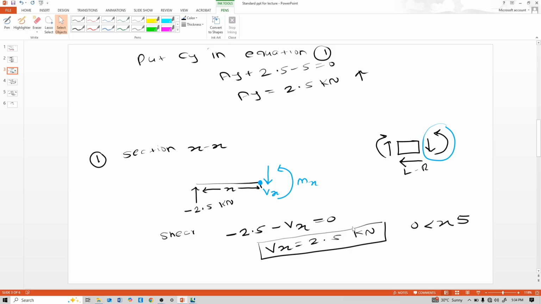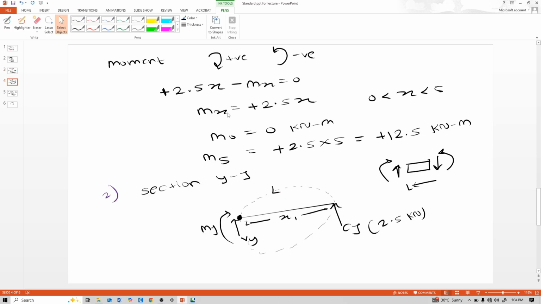distance, at 0, Vx is 0, and at, see here, V at 0, 0 kilonewton. No, V at 0 is also 2.5 because this value is constant. Shear at 0 is also 2.5 kilonewton because here there is no x in equation, and shear at 5 is also 2.5 kilonewton.